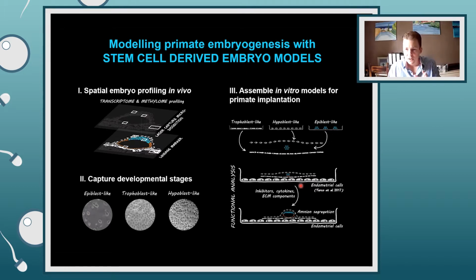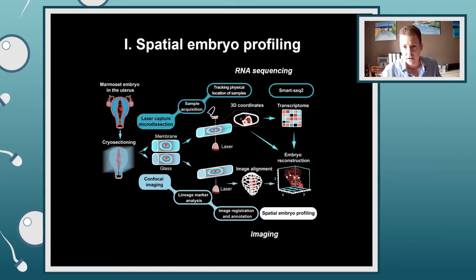We look at various systems, but to start us off, I would like to begin with our efforts on spatial embryo profiling. These specimens, the implanting primate embryo, are very precious samples, so we want to extract really all the information we can get from this system. We have come up with this approach for spatial embryo profiling, and the way it works is we have the marmoset uterus here, which is sectioned into many sections.